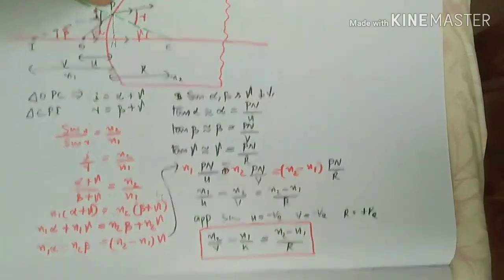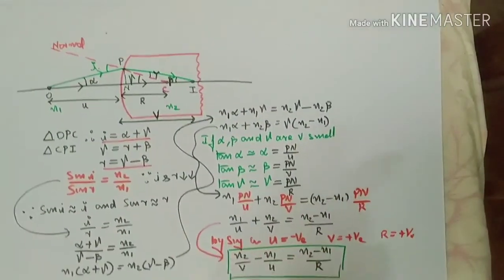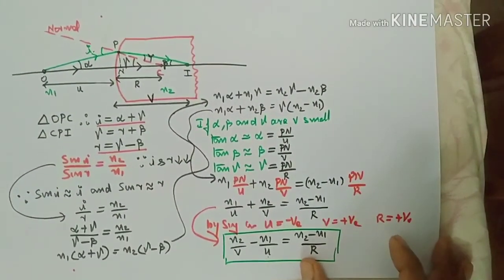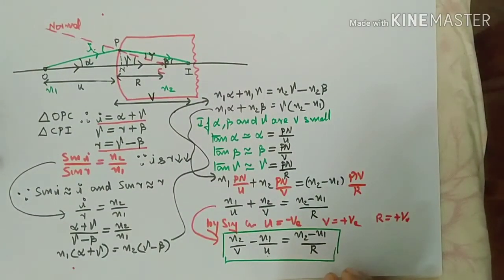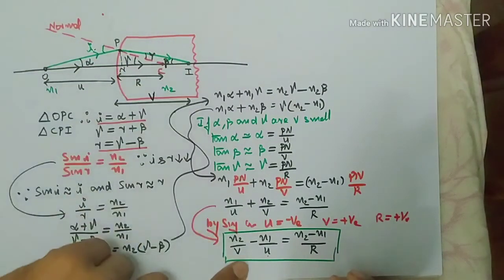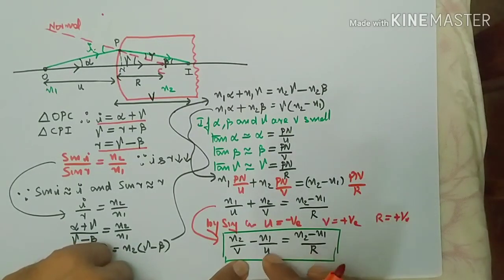Let me take you towards the previous derivation that we have done. This is our previous derivation. In our previous derivation, the object was in the rarer medium itself, but the image was real, and in that case our formula was n2 by v minus n1 by u is equal to (n2 minus n1) by r.